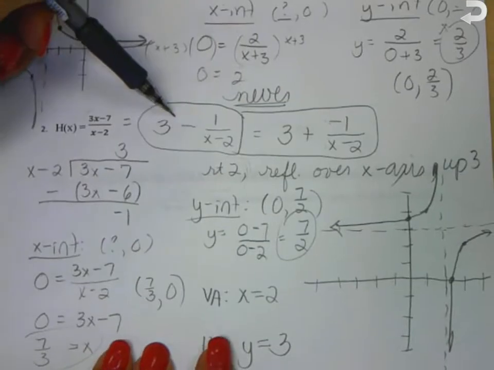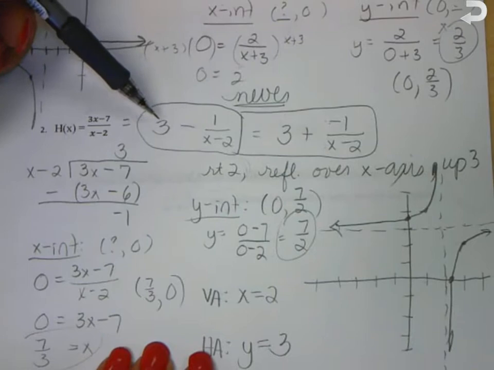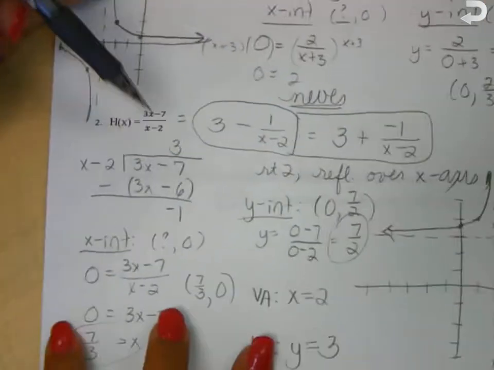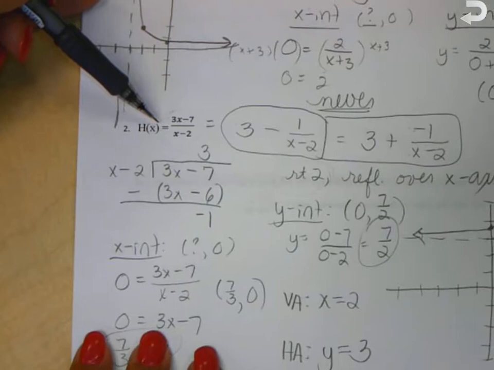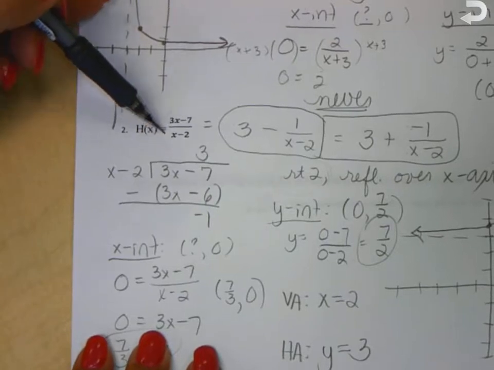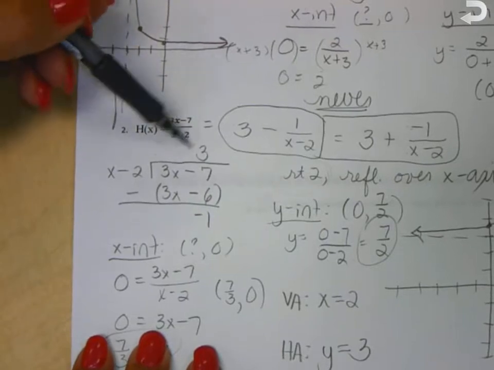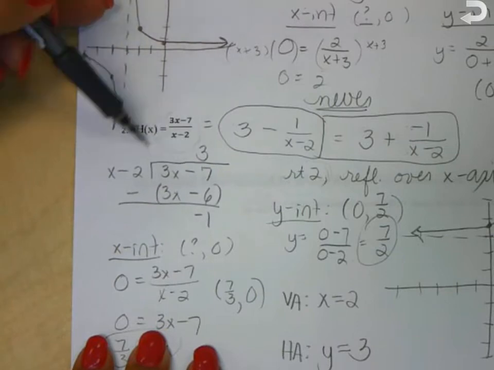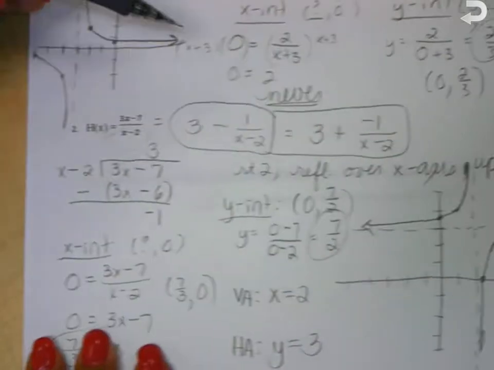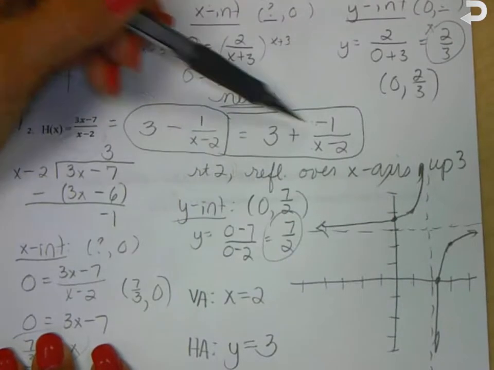But you need to be able to look at a rational function, explain what is happening as far as the transformation. The easiest way to do that is to start out doing the longhand division like I showed, to come up with a new expression that will re-emphasize how the graph is shifting. It's very hard to look at this original function and tell that the graph will have a reflection over the x-axis.